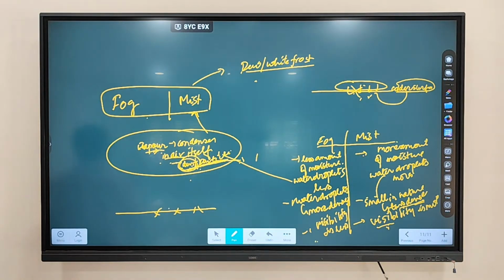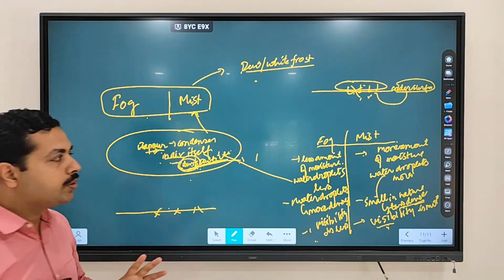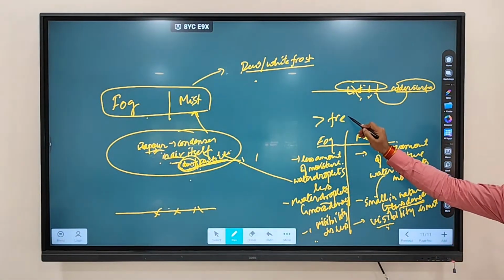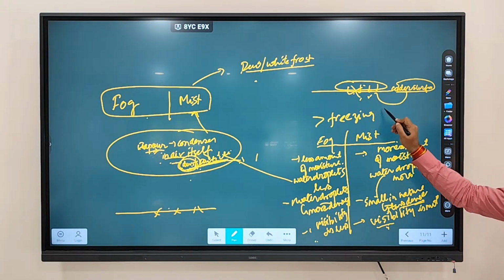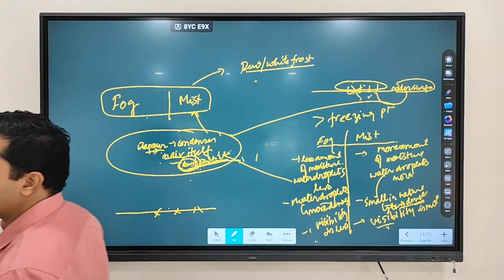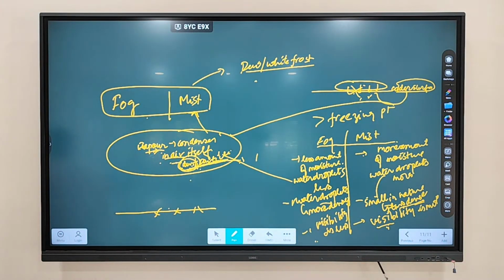Clear? Will condensation happen below freezing point, or above freezing point? Condensation is going to be above freezing point, because, as we discussed, water droplets are being formed. So condensation is going to be above freezing point in the case of fog and mist.